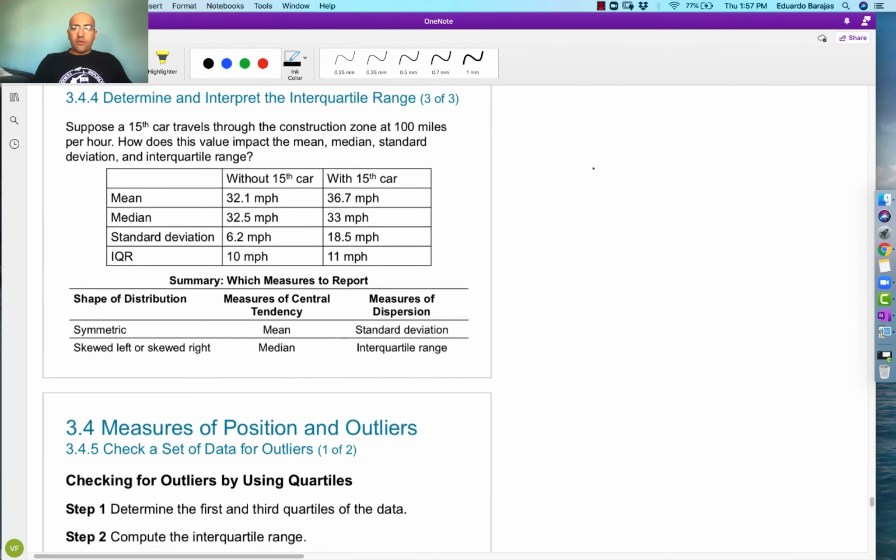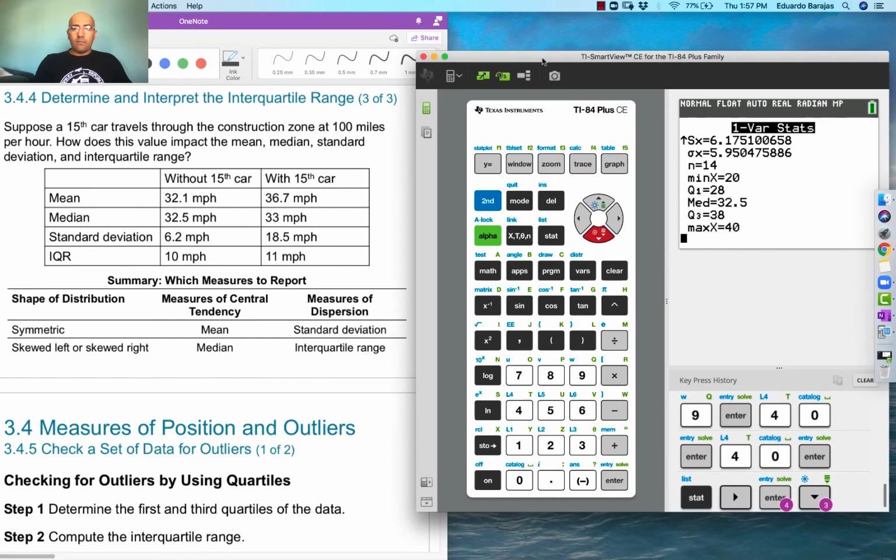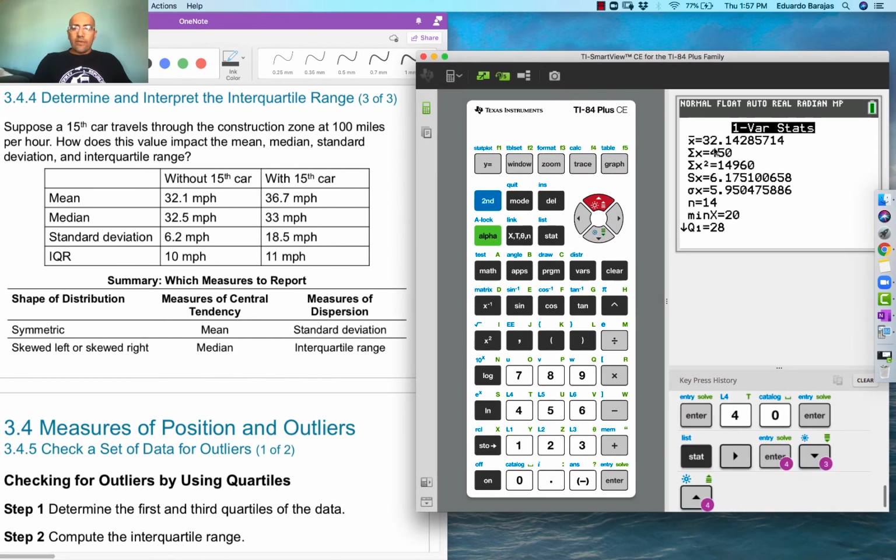And in the table below, we have these results. If we scroll up, we get 32.1 as the mean, and we already knew the median. Standard deviation is 6.175, which rounds to 6.2.